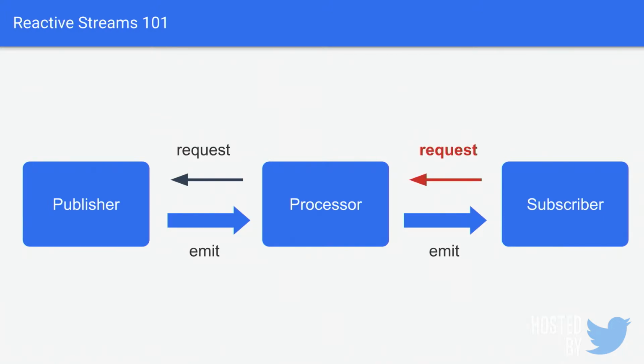Essentially, in reactive streams, it's the subscriber itself that requests more elements, right? The request for elements is propagated upstream up until someone who can produce elements, in this case a publisher, emits this amount of elements. And these are in turn propagated conversely downstream to the subscriber itself.